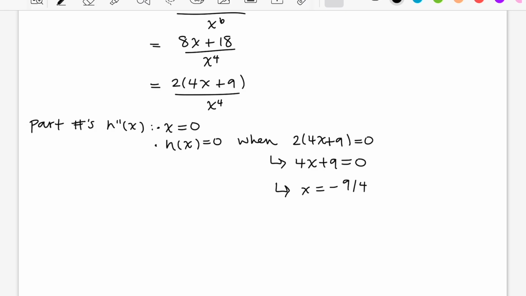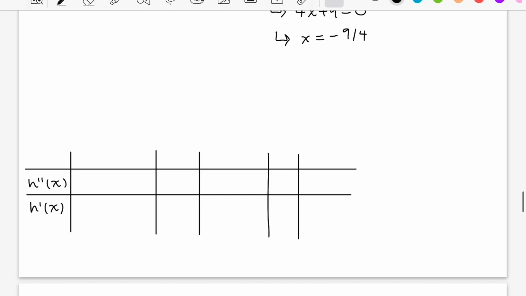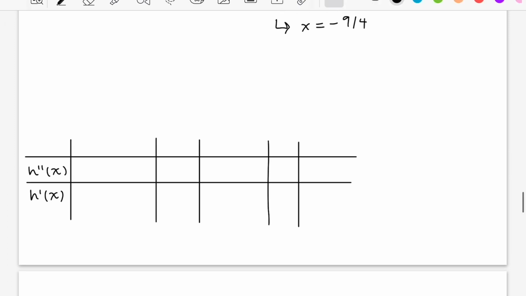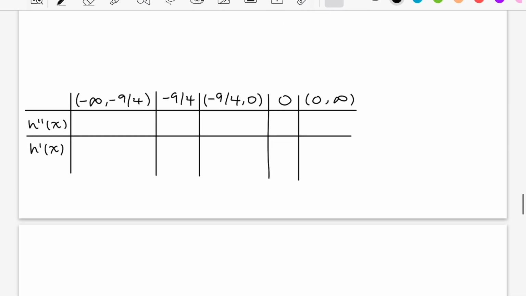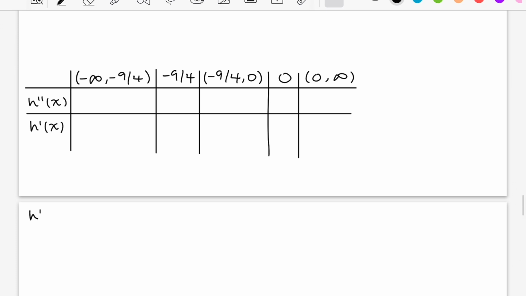All right. So we'll look at the sign of our second derivative over the following intervals, because our partition number breaks our domain up into these intervals. All right, so we'll evaluate our second derivative at numbers within these intervals.